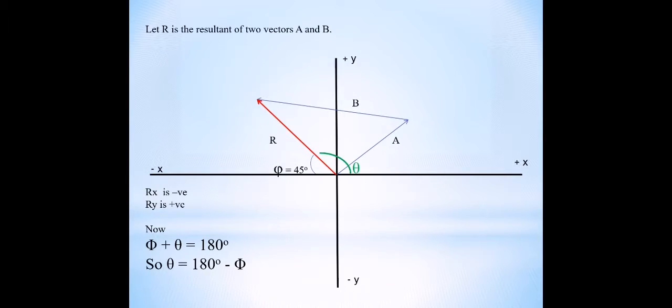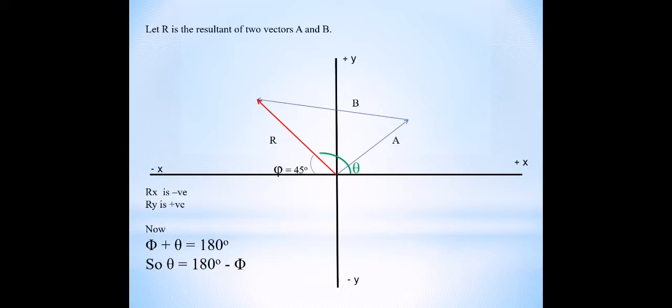Now we can see an example in which we have a vector r which is the resultant of two vectors a and b. Vector a lies in the first quadrant, b starts in the first quadrant and ends in the second quadrant, and when we draw their resultant vector r from the tail of a to the head of b, it is represented with the red line and is present in the second quadrant.